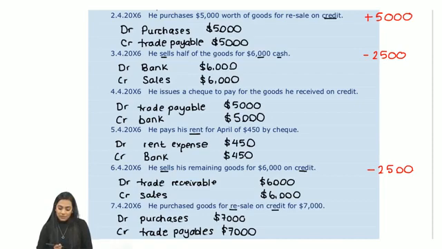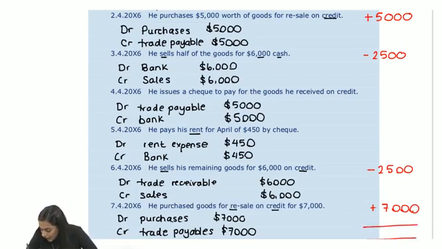And on the 7th of April, he purchased goods for resale on credit for 7,000, meaning his inventory value has gone up by 7,000. So if you add down that column in red, what's the closing inventory?